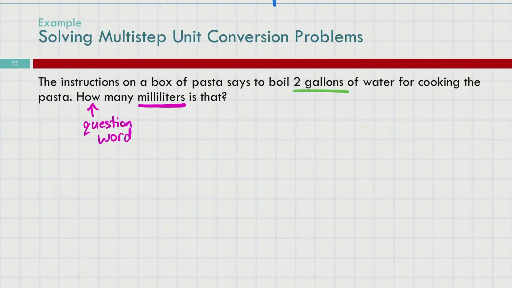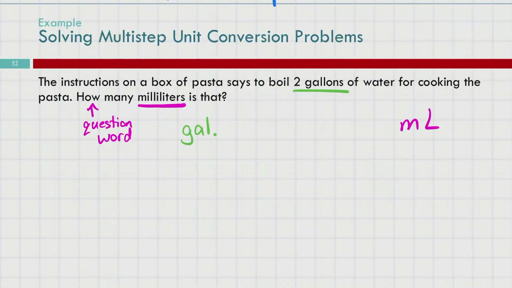It can be a little bit overwhelming to solve word problems. This is hopefully a little bit helpful for finding out what we need to do. So we're starting with gallons and converting to milliliters. What's something that we can convert gallons to?